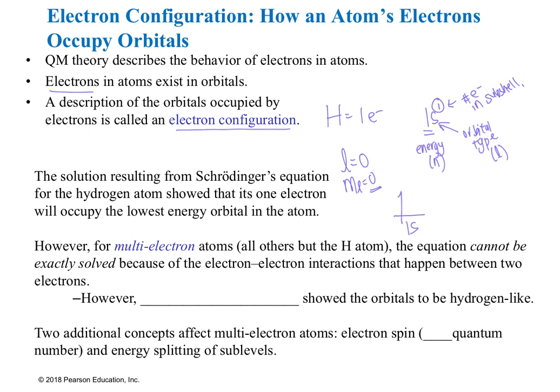The key thing here is now we have multiple electrons, so the m sub s, or the electron spin, matters. And we're also going to have some repulsions happening. So we're going to increase energy a bit as we have more electrons. So the orbitals won't all be at the same energy level, even within the same shell. We're going to have some splitting of energy levels.